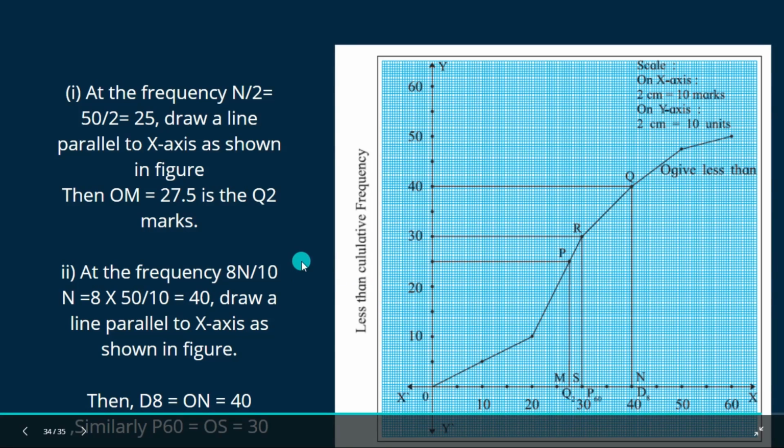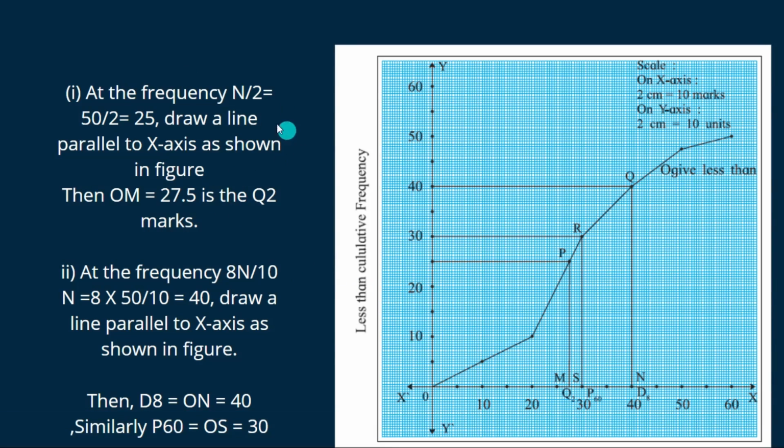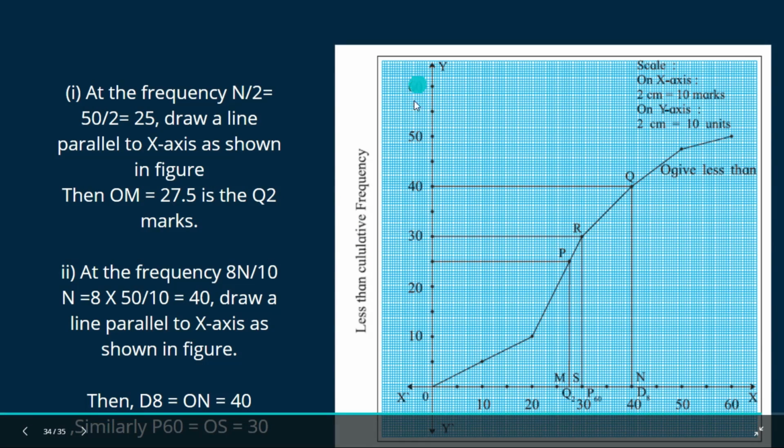Now first we have to find quartile 2. So n upon 2, that is 50 upon 2, will give you 25. Draw a line parallel to the x-axis as shown in the figure. Remember the answer we got here, 25. So on the y-axis, where is 25? Obviously here.